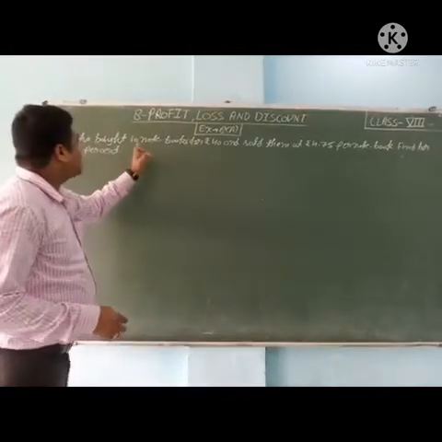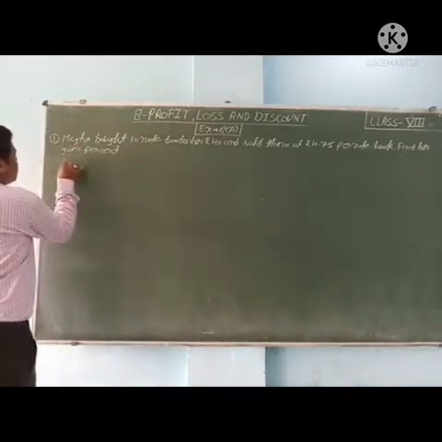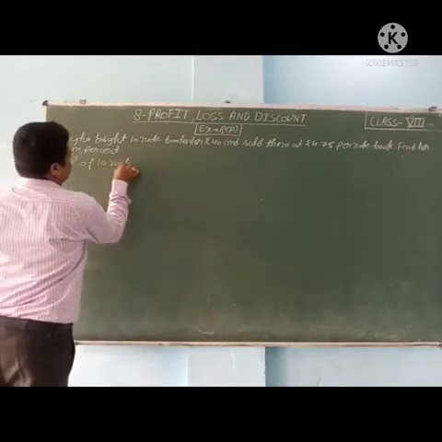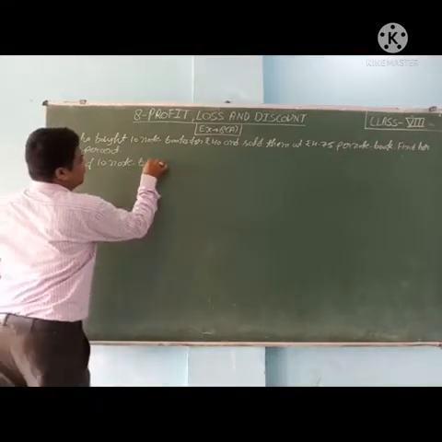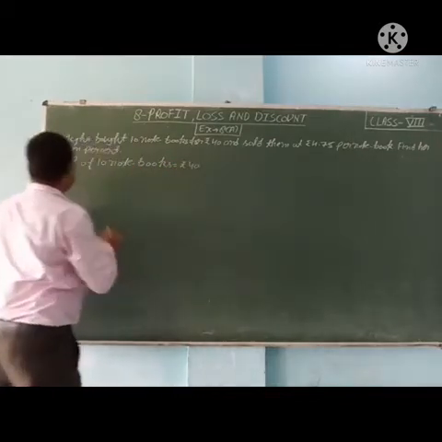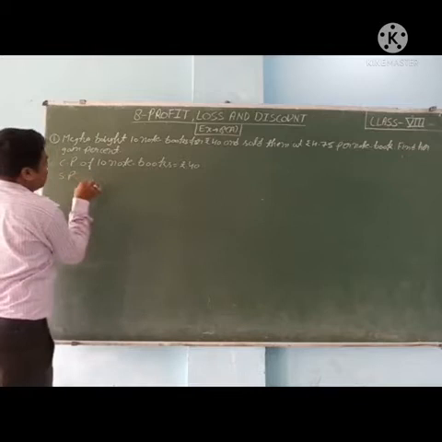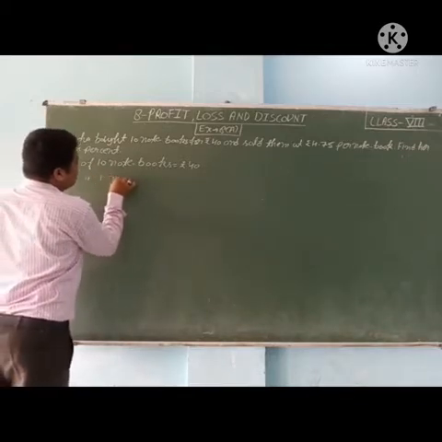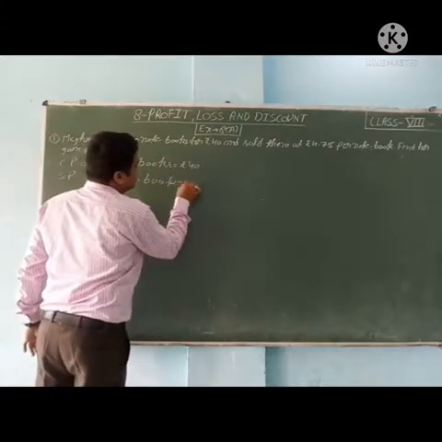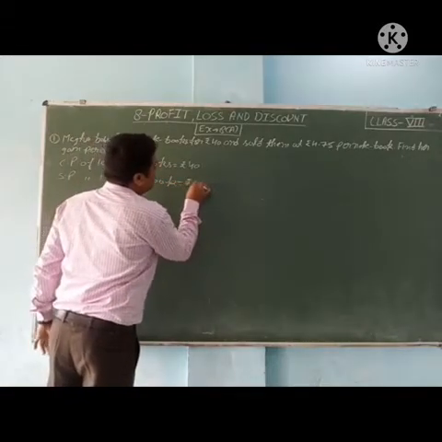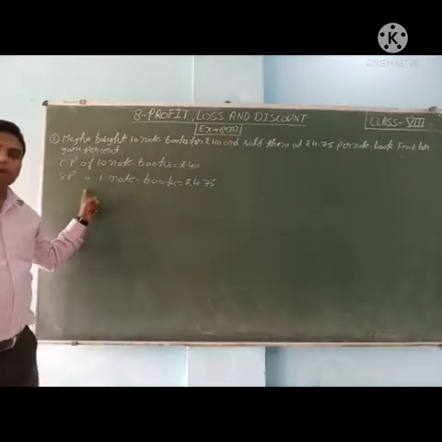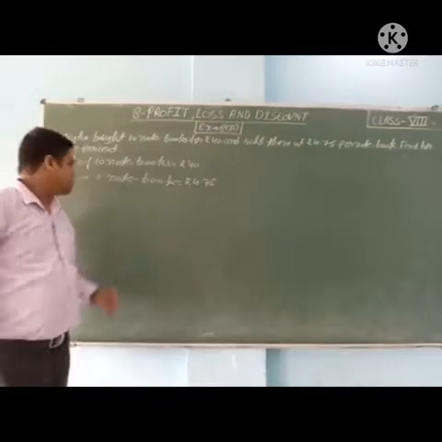So CP of 10 notebooks is equal to rupees 40. Then selling price of one notebook is equal to rupees 4.75. So we will find the selling price of 10 notebooks.